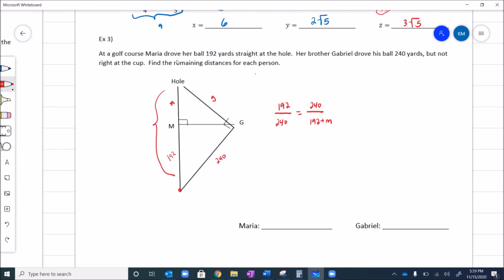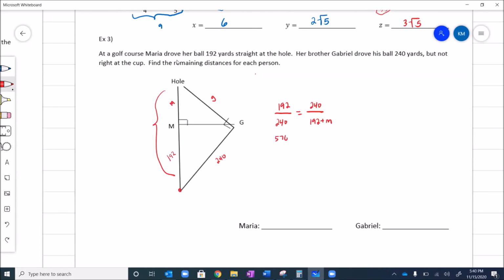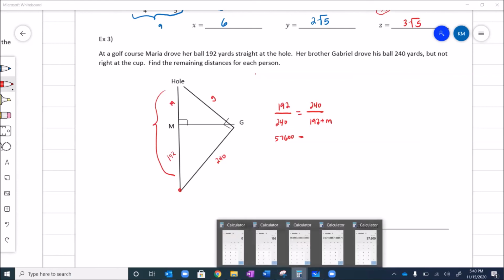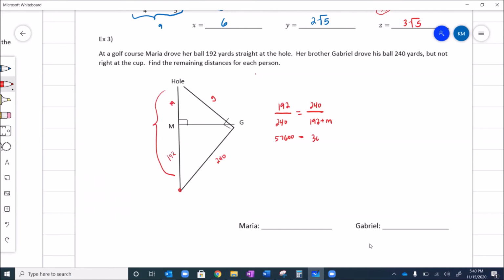These are going to be big numbers though. 240 times 240, 57,600 equals, what's 192 times 192? Have a lot of calculators up. 192 times 192, 36,864 plus 192m.